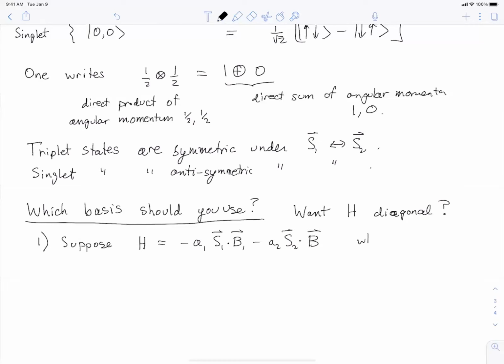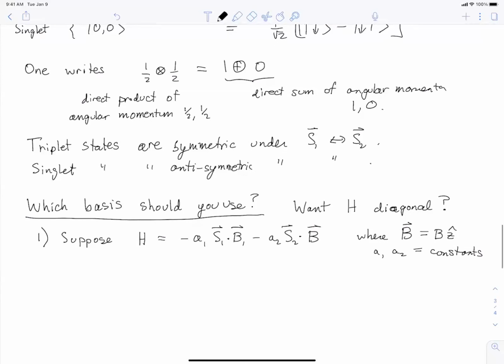Okay, and so spins correspond to magnetic moments of particles. Their contribution to the energy is the dot product with the external magnetic field. And so here the B is some external magnetic field, which is pointing in some direction. Okay, and A1 and A2 are constants. They might possibly be the same constant. They might be different constants.